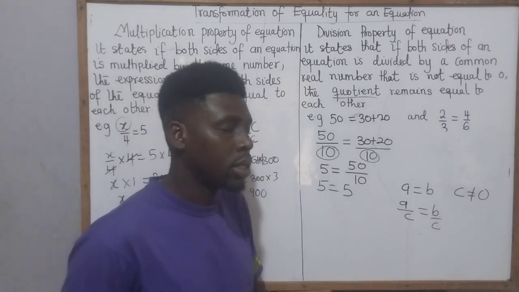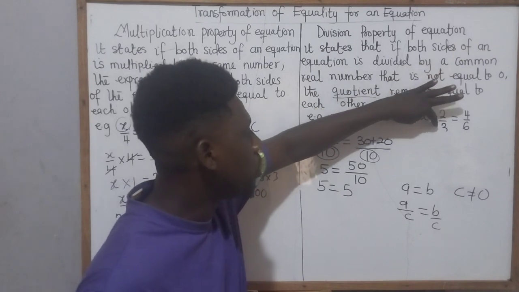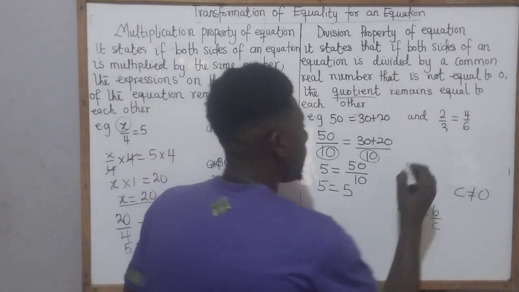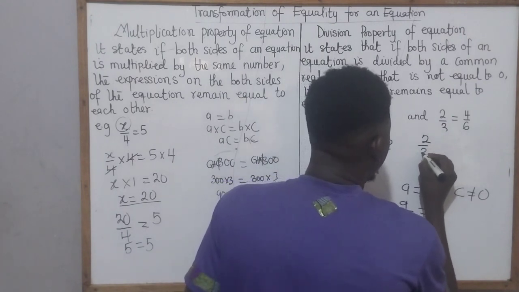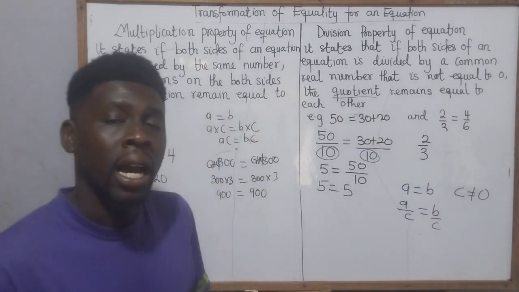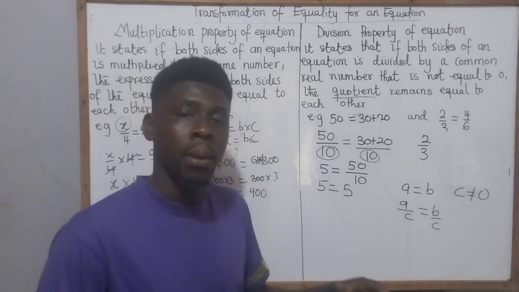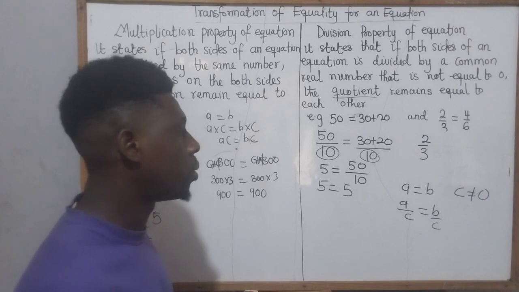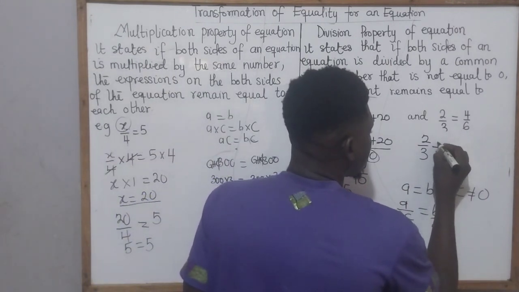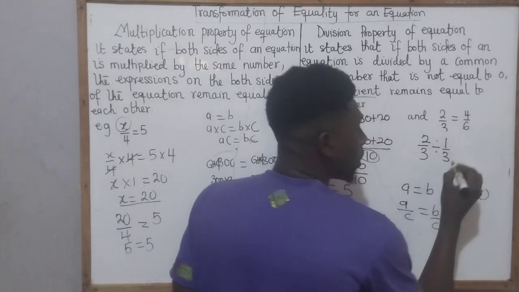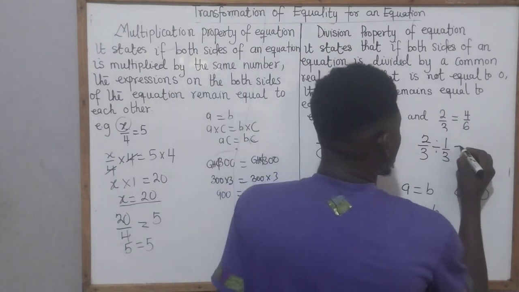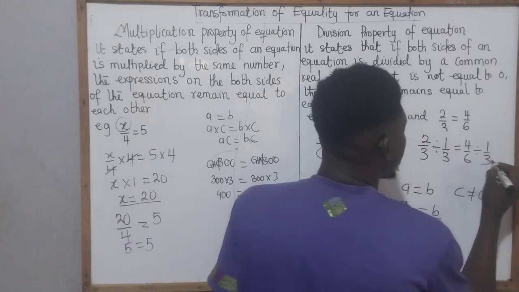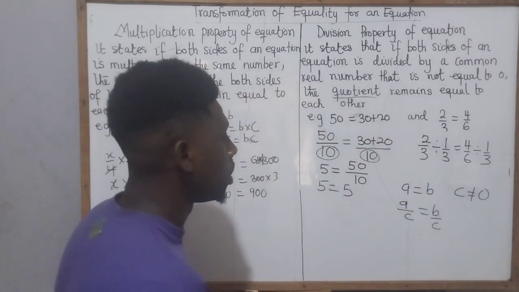Now let's look at the next example, which says 2 over 3 equals 4 over 6. So likewise, I am dividing this equation by a common number that is not equal to 0. So looking at this, I'm dividing it by 1 over 3, which is equal to 4 over 6 divided by 1 over 3. All right?